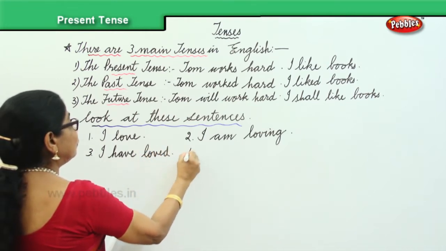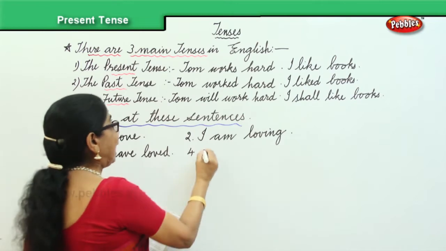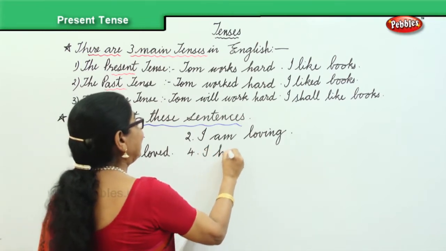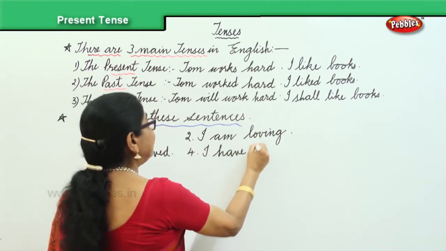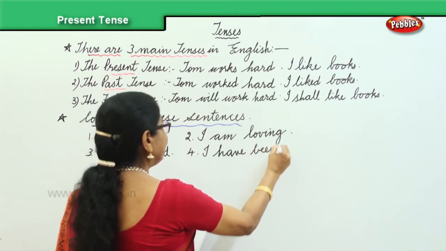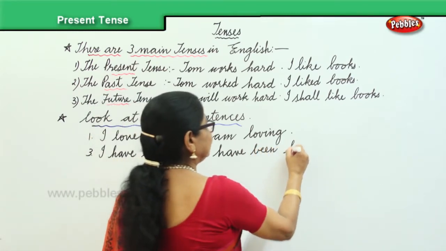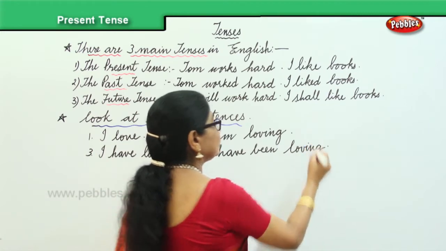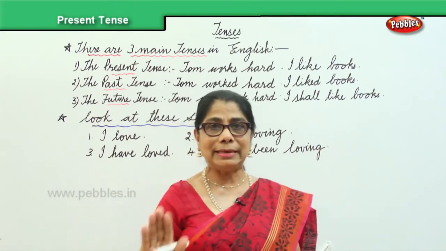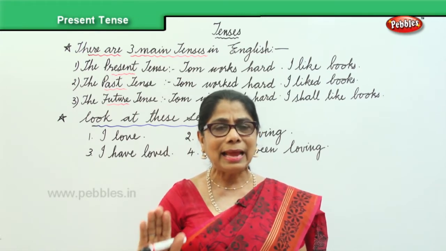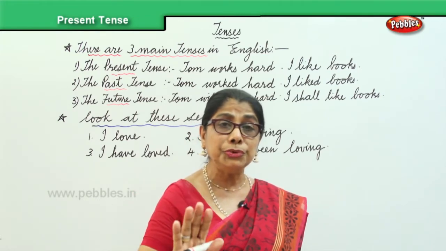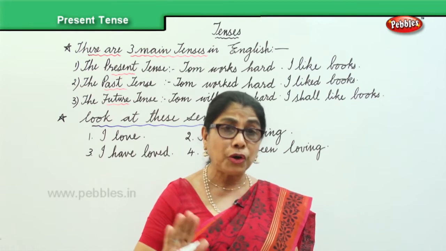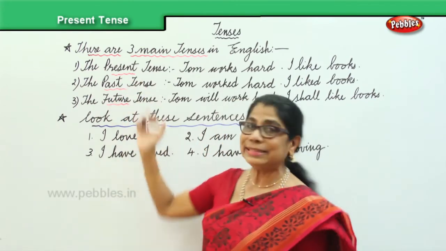And finally, in the 4th sentence I have here, I have been loving. So I have 4 sentences here, and in these I'm going to introduce the 4 forms of present tense.